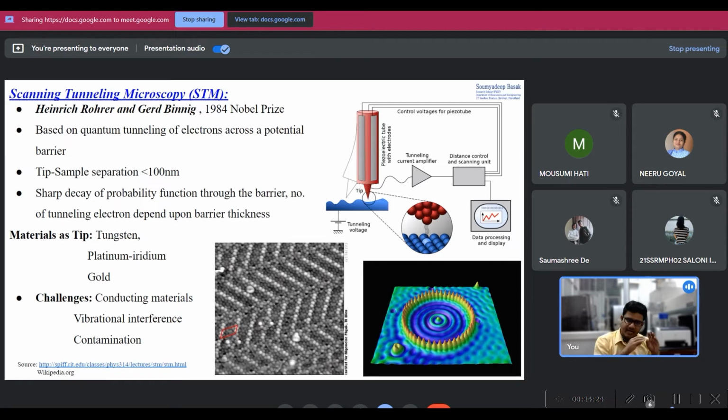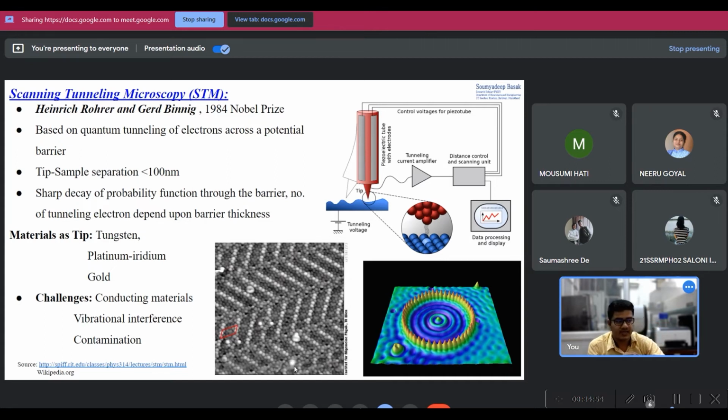Okay, so what kind of materials are used for the tip? That is tungsten, platinum iridium, and gold. This kind of conductive material is used as a tip, and you can see from this image the kind of patterns we can get from a sample. This is atomic level information: individual atoms can be mapped using this STM instrument, because we can get the information on the atomic arrangement, whatever atoms are present.